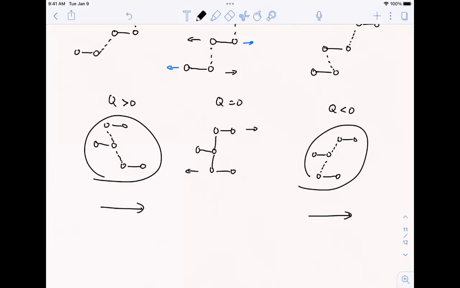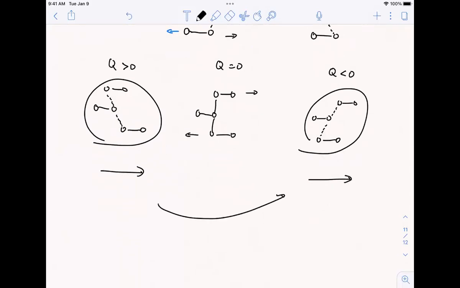So these two and these two have the same polarizability. So eventually this gives you 0 Raman.